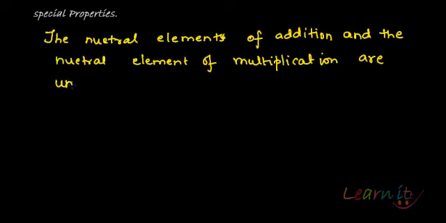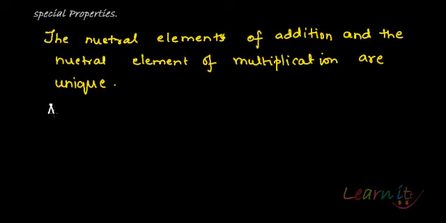Now, what do we mean by neutral element? Neutral element for addition is 0, the identity of addition, and the property of it is that when you add it to any real number, it will give the real number itself. Okay, so let me just try to prove it.